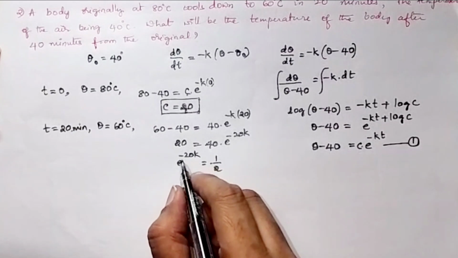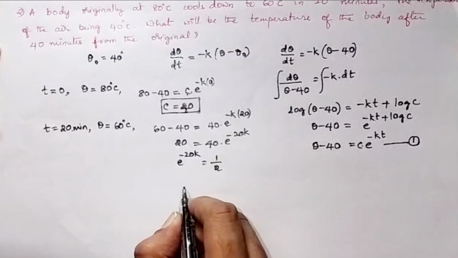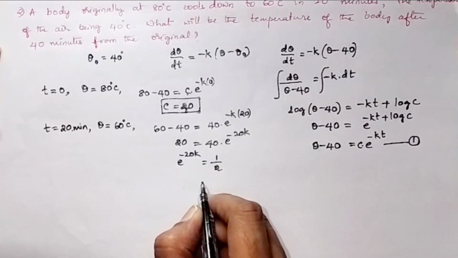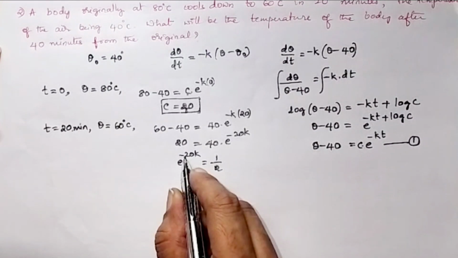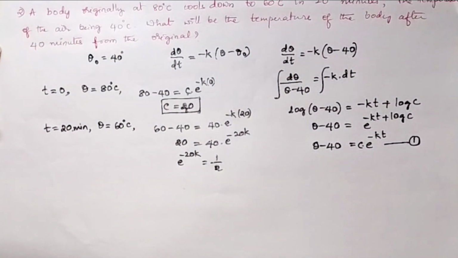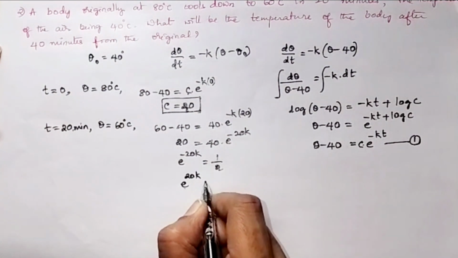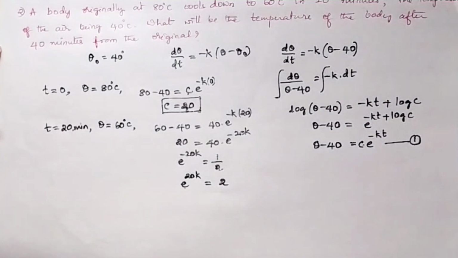So I want to take the reciprocal because then it becomes positive. So 1 by e to the power 20k is equal to 2. Okay, that is by taking the reciprocal here. So you will get e to the power 20k is equal to 2.